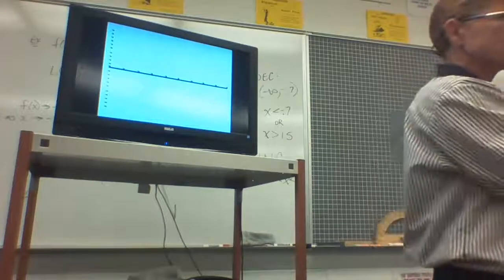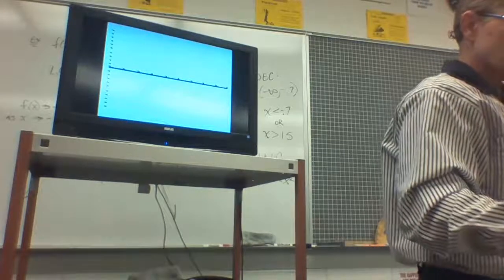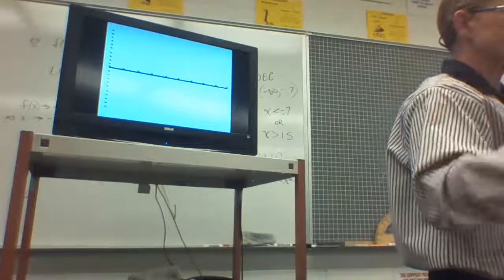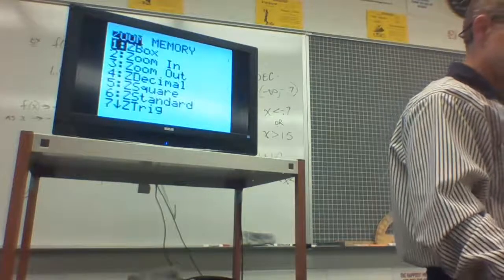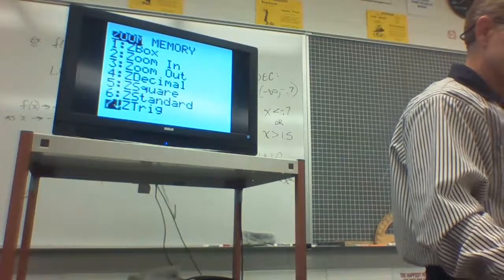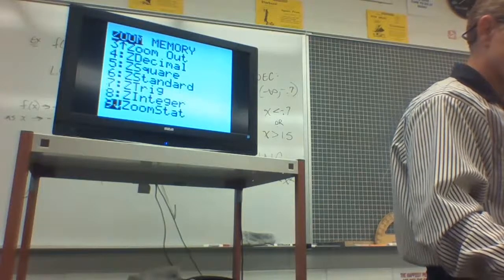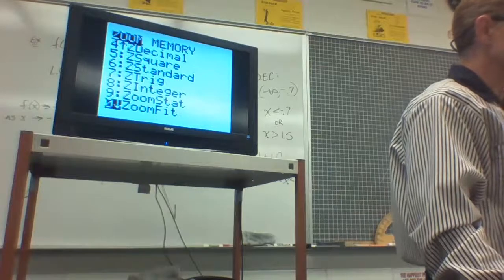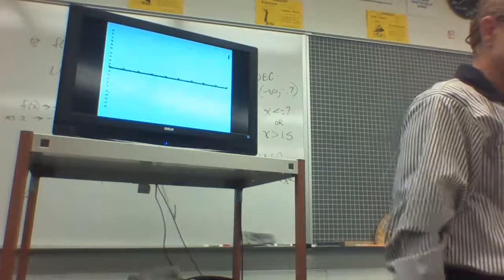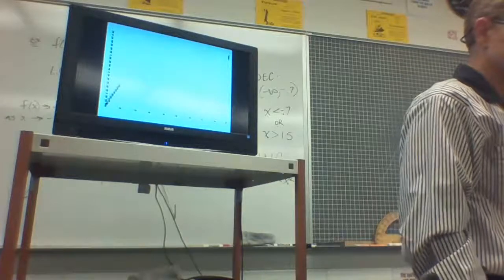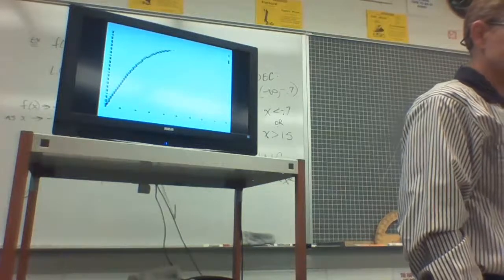If you know your x values and you've set them, a way to find where this graph shows up on the y values is by going to zoom and going clear down to the 10th thing. It says zoom fit. It will keep your x's, but it will adjust itself until it can show you something for the y's.